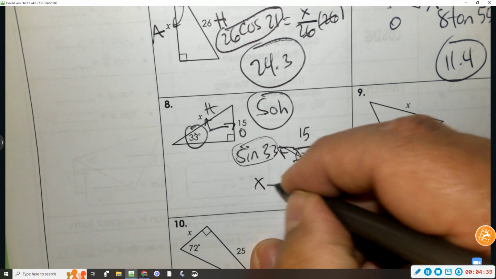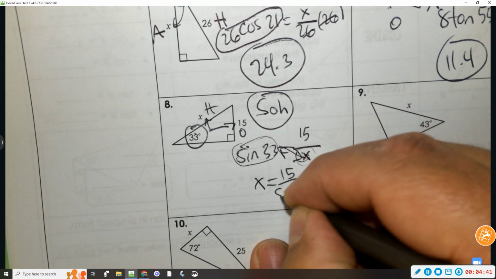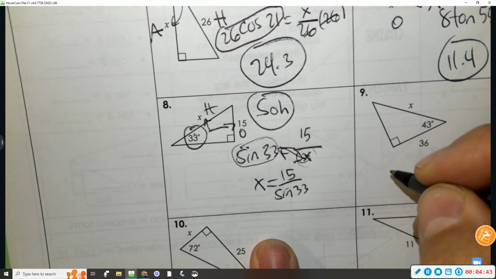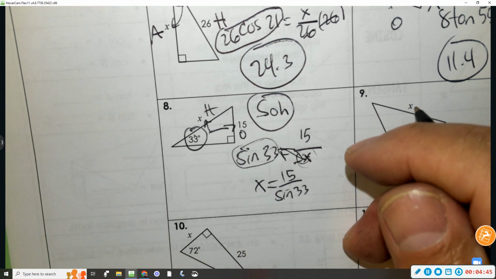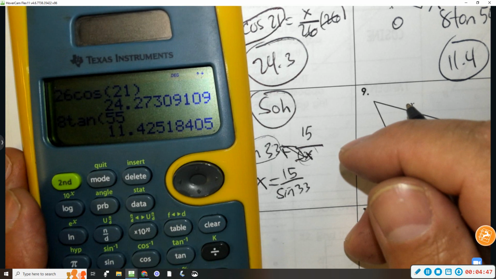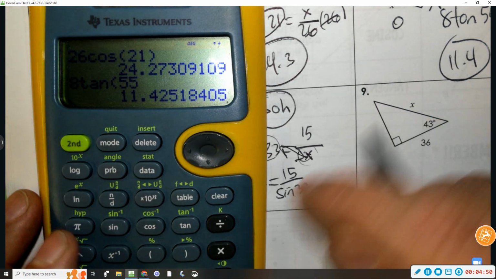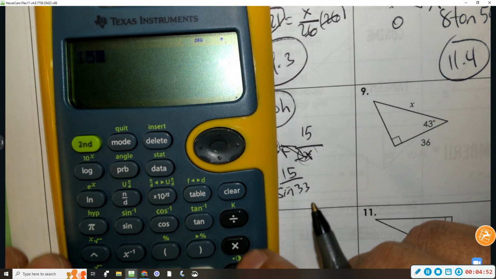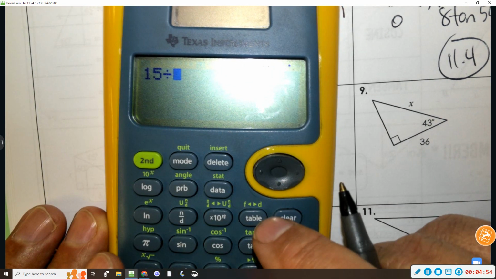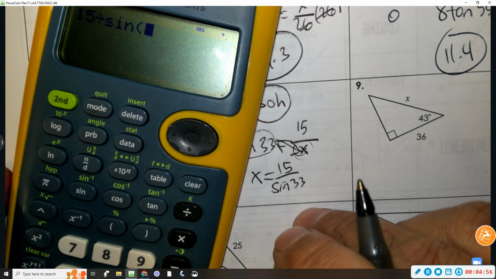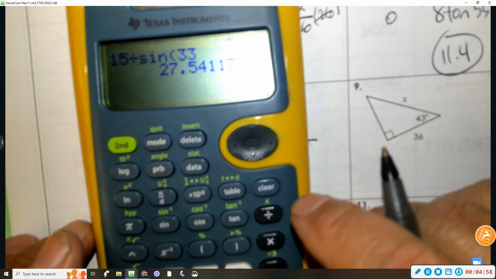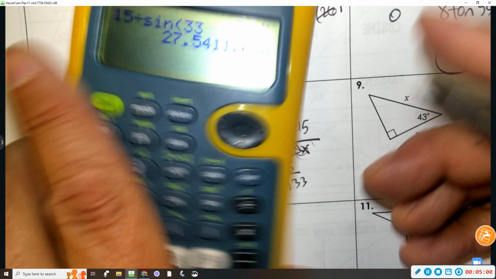So it's going to be x equals 15 over sine 33, and then use your calculator. So in one, you're going to divide, and in the other, you're going to multiply. So for this one, we're going to divide. So 15 divided by, again, press the sine button, and 33. And that missing side is 27.5.